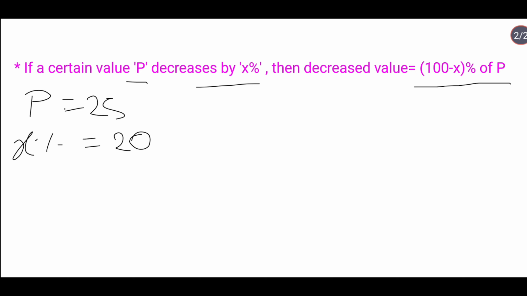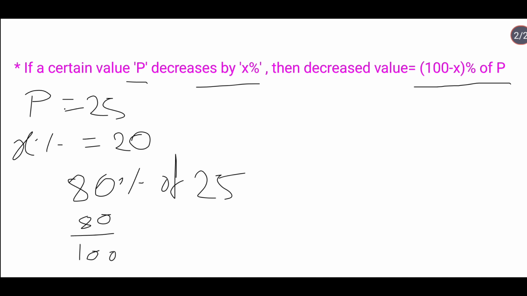Then the decreased value will be 100 minus x, 100 minus 20, 80. 80% of p is nothing but 80% of 25, that is 80 divided by 100 into 25. That is equal to 25 ones are 25, 4 ones are 4, 20. That is 20.